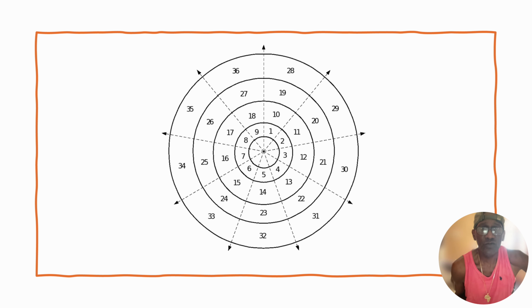To find its root number, we simply add its digits, 2 plus 8, which equals 10. And then 1 plus 0 equals 1. Thus, 28 reduced to the root number is 1.